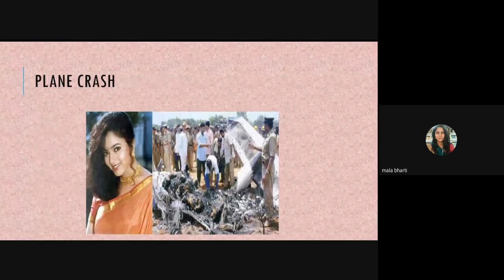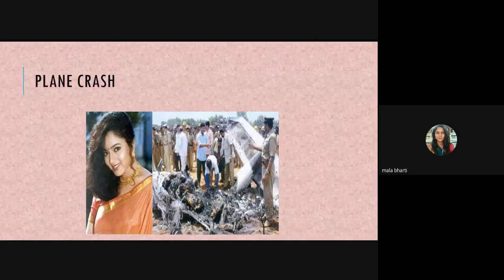One famous case is of the South Indian actress Saundarya, you might have heard about it. She, along with a few other people, died in a plane crash. In such cases, where the body found is in an unidentifiable state, forensic anthropology again plays a very important role.